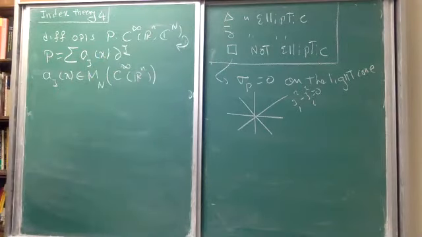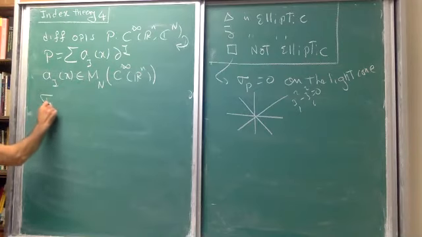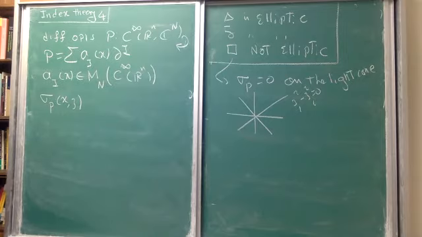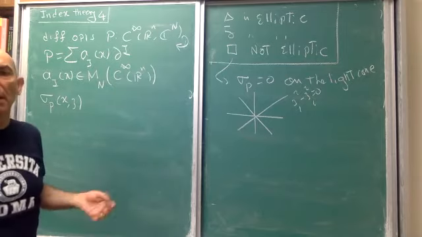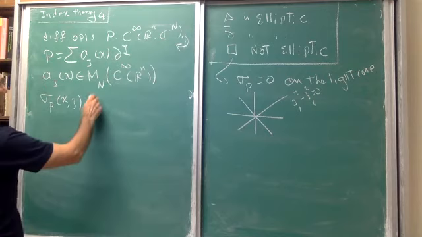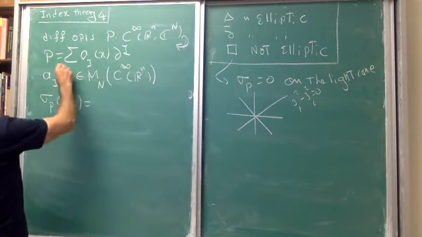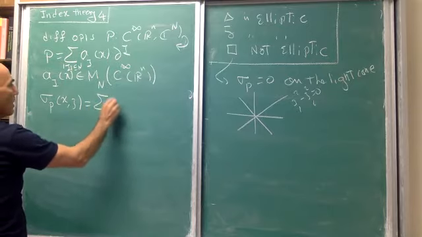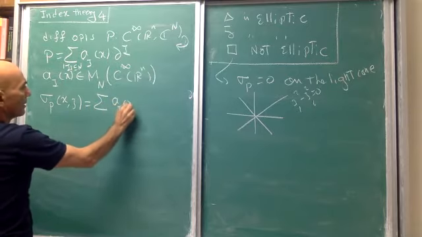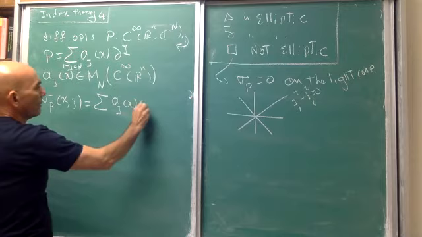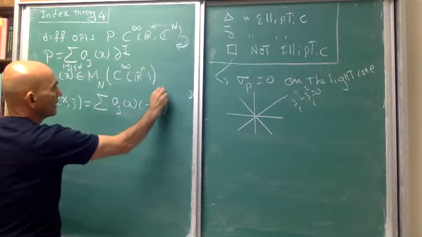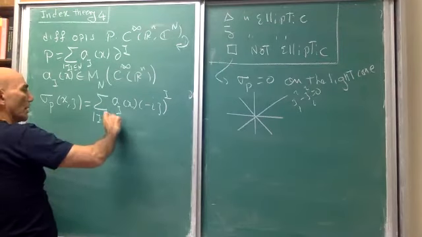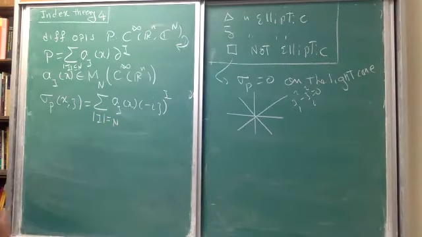And again, the principal symbol is a matrix valued function. So here the absolute value of I is less than or equal to n. So that's the sum of a_I(x) times ξ^I, with the absolute value of I equal to n. So what is this?